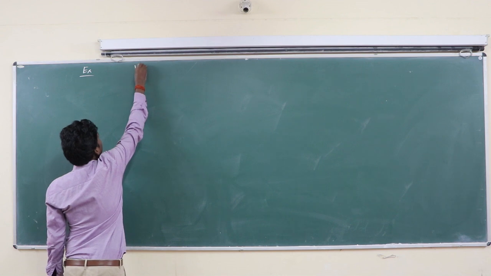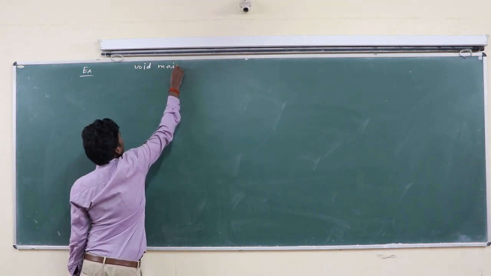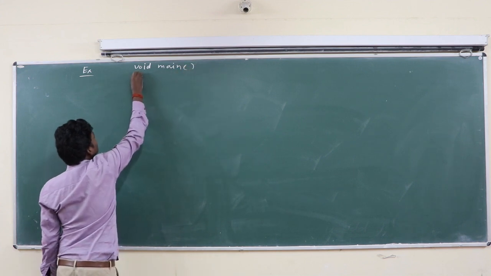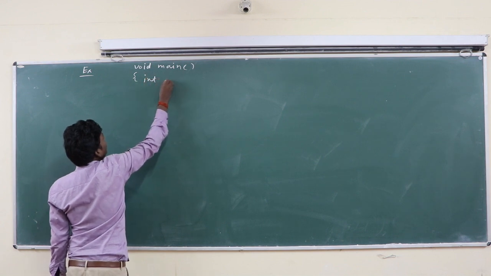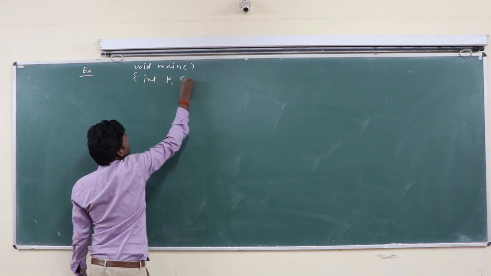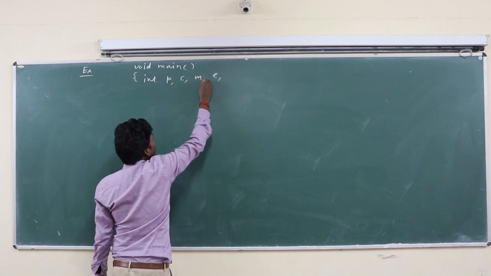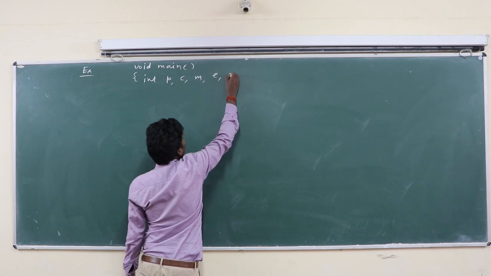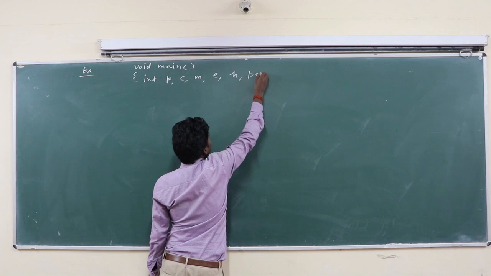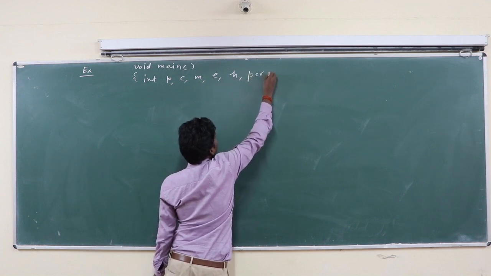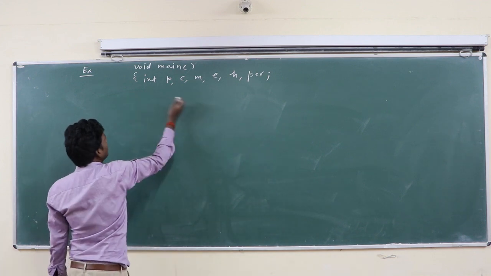Void main. int p for physics, c for chemistry, m for math, e for English, h for Hindi. There are 5 subjects and one variable per to receive the percentage.